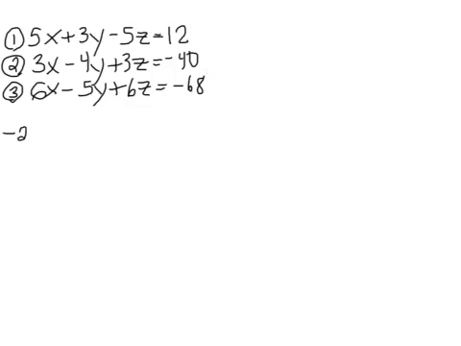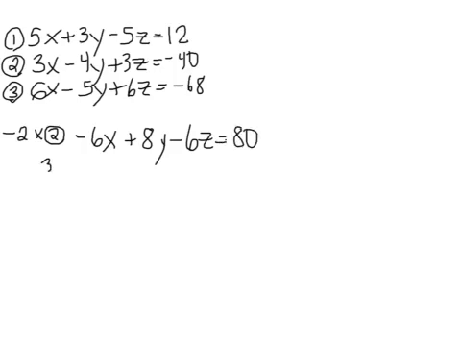I'm going to document it like this: -2 times equation 2. It's always good to document your steps so that later on when you go back to check, you can figure out what you were up to. So -2 times everything in equation 2 would give me -6x plus 8y minus 6z equals 80.